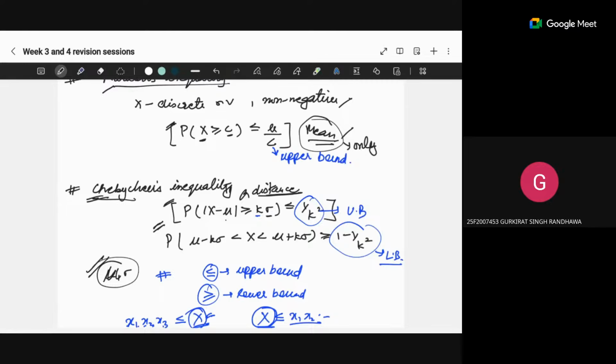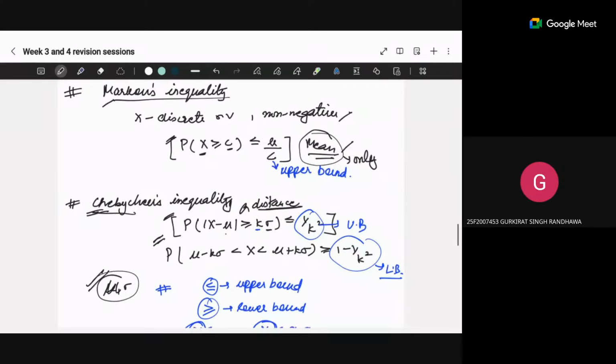There is a formula in the lecture, so it says in a Markov form, na?